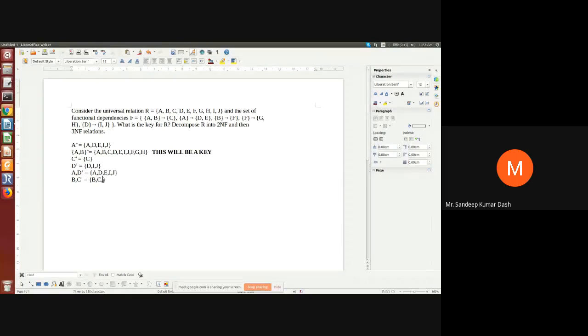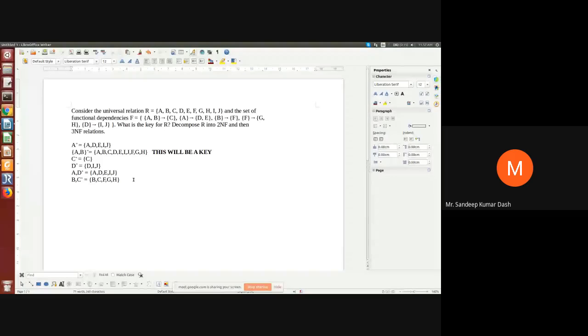Then F will be there. F came in means G and H will come in. Then anything else? No, IJ cannot come in, D cannot come in.